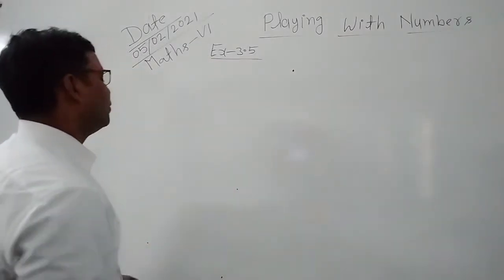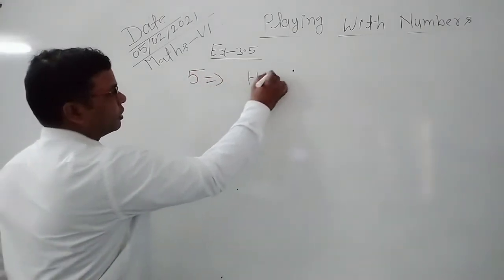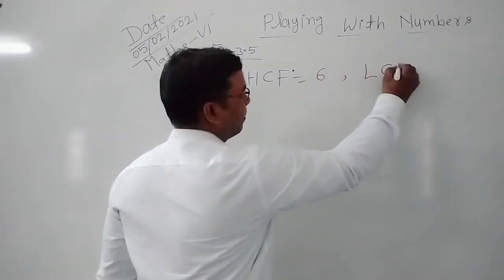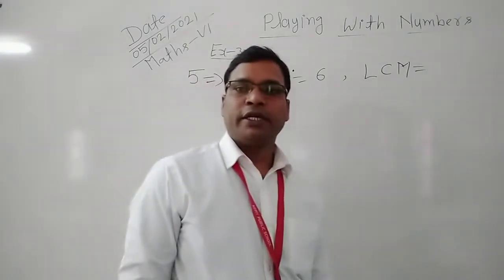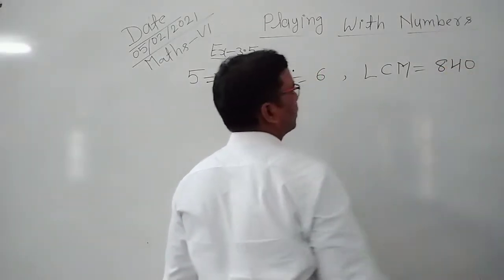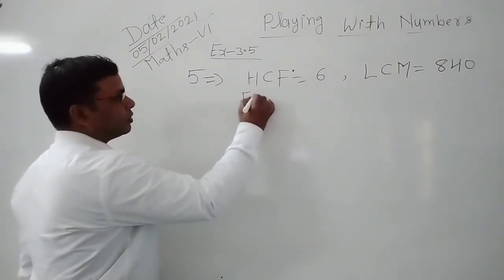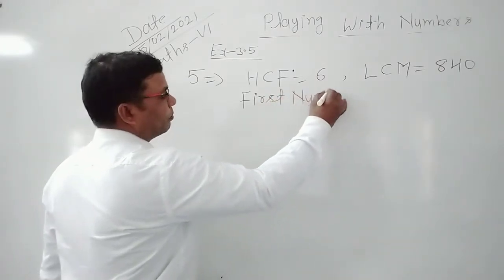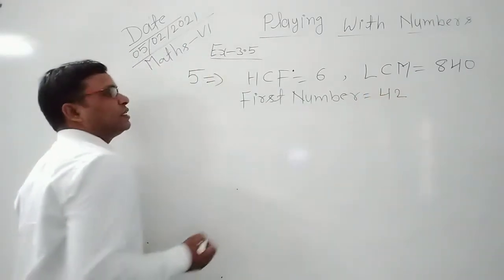In this question, HCF is given 6, LCM is also given 840, and the first number is given 42. We need to find the second number.